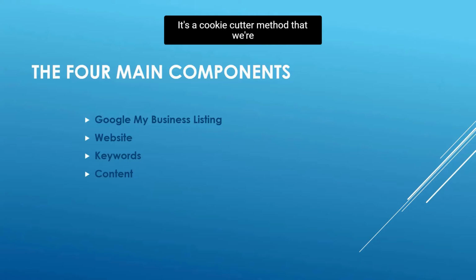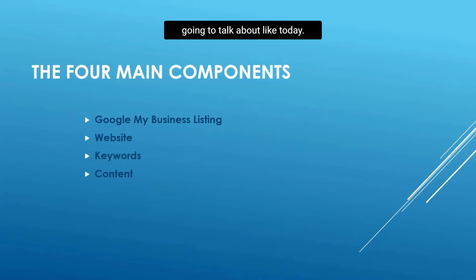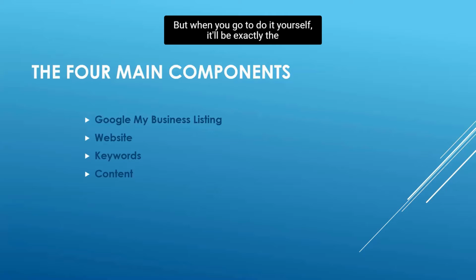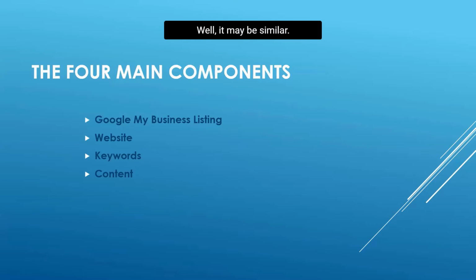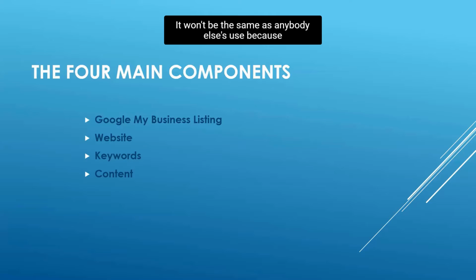It's a cookie cutter method that we're going to talk about today, but when you go to do it yourself, it'll be exactly the way you want to do it. It may be similar, but it won't be the same as anybody else's, because what you want to do is different than probably anybody else. And therefore, your system will be slightly different.